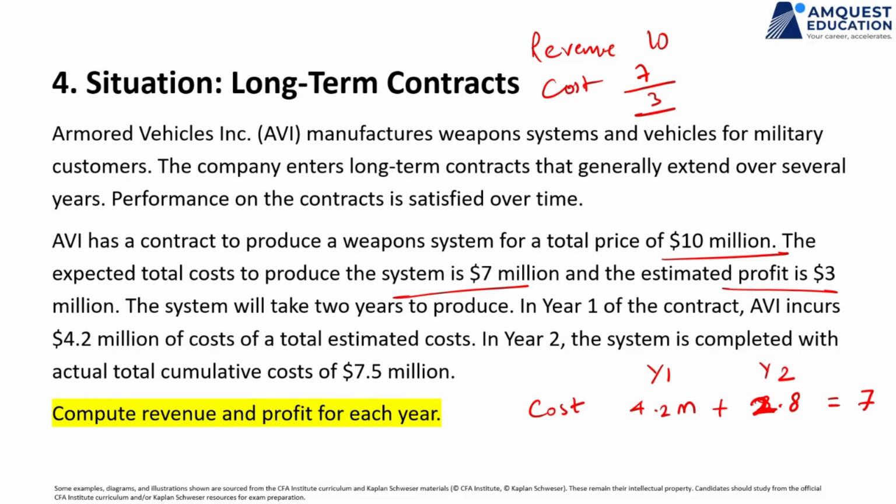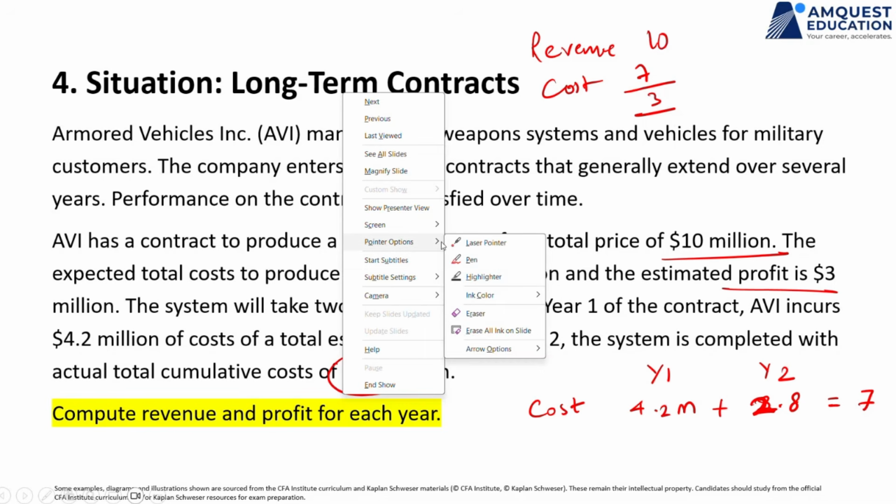Now, with this, you will have to recognize revenue. So the system is completed with an actual total cumulative cost of 7.5. Oh, they've changed the cost now. So they are saying the initial cost was 7, but by the time the system got completed, the cost changed to 7.5. So then we will have to change our numbers.